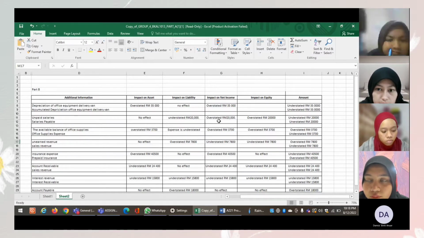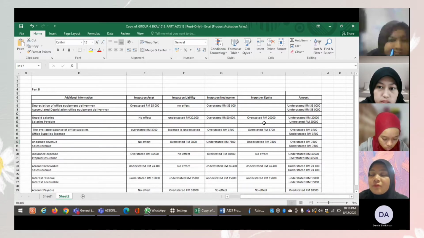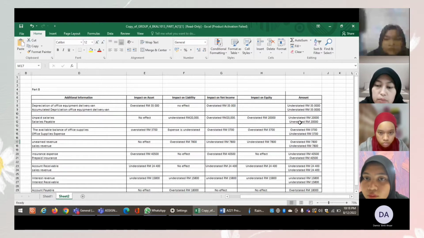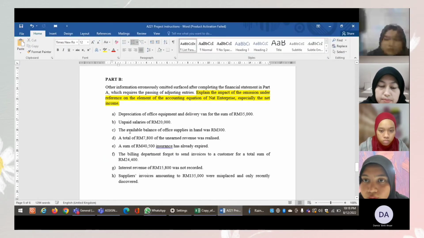Net income is overstated, 20,000 ringgit. Equity is overstated, 20,000 ringgit. So the amount will be understated, 20,000 ringgit for unpaid salaries. Salaries payable is understated, 20,000 ringgit. Okay, so next for question C.